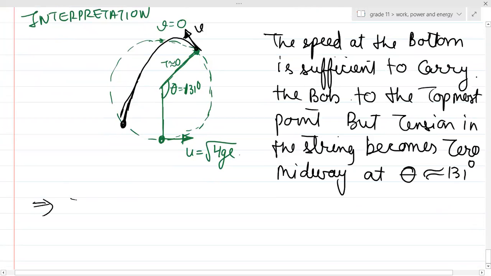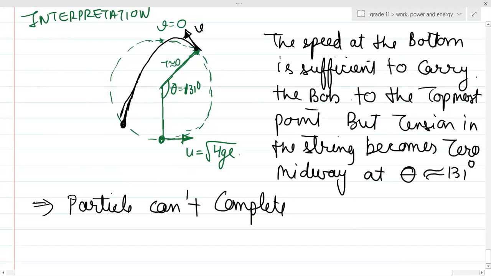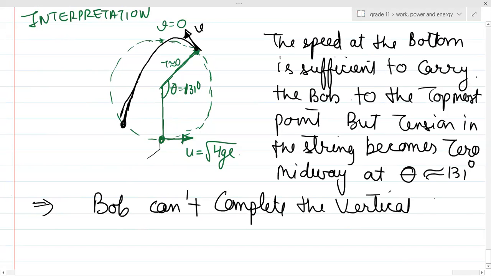That implies the particle can't complete, or basically not the particle, we'll name it as the bob, right? The bob can't complete the vertical circle anymore, because what was driving it? The tension was driving it. And when the tension becomes 0, only mg cos theta is there. So mg, it is free falling, right?